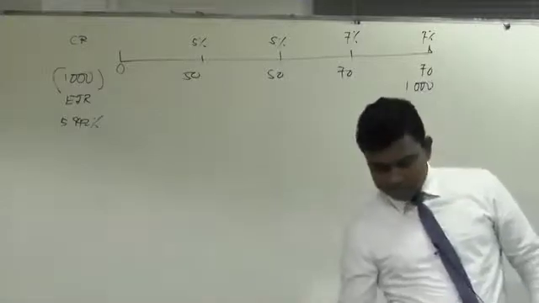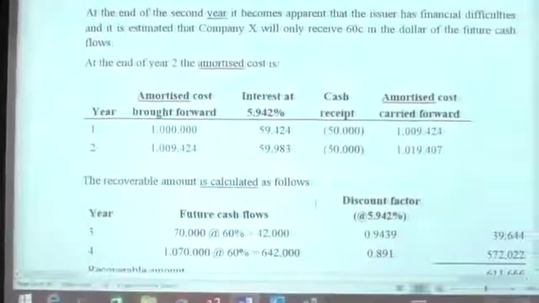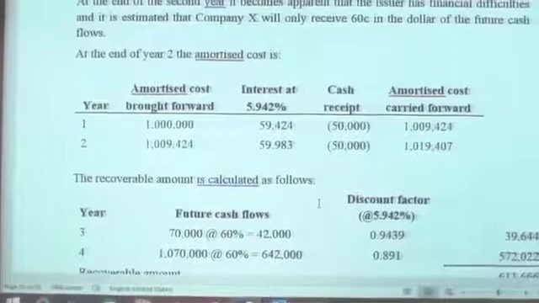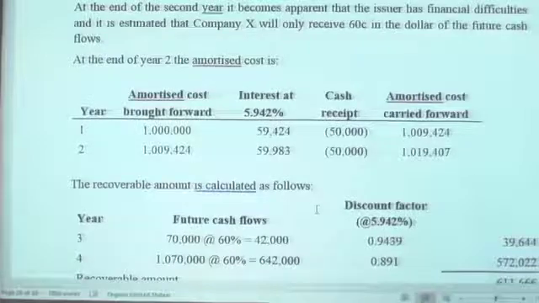Let's take the balance information. At the end of the second year, it becomes apparent that the issuer has financial difficulties and it is estimated that company X will only receive 60% in the dollar for future cash flows. At the end of the second year, you have realized the issuer has financial difficulties.